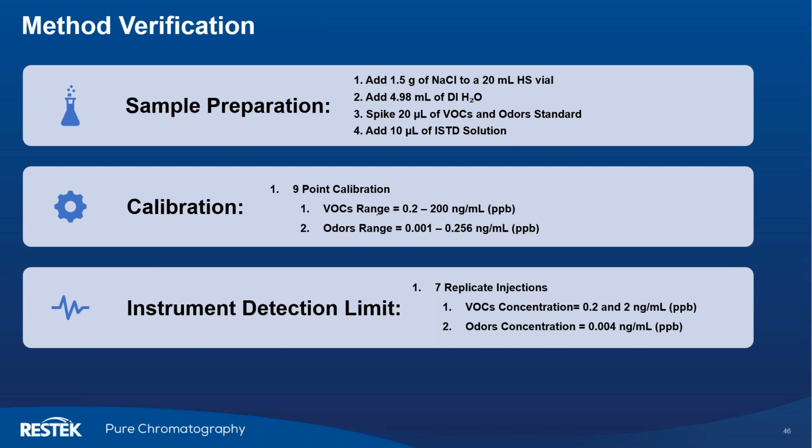Again, the calibration ranges were very different for the VOCs and for the odors, based on the permissible limits for the VOCs as well as the permissible limits for the odors. For our instrument detection limit and method verification, we looked at 7 replicate injections. For VOCs, we looked at 0.2 and 2 nanograms per mL, and for the odors, we looked at 0.004 nanograms per mL.